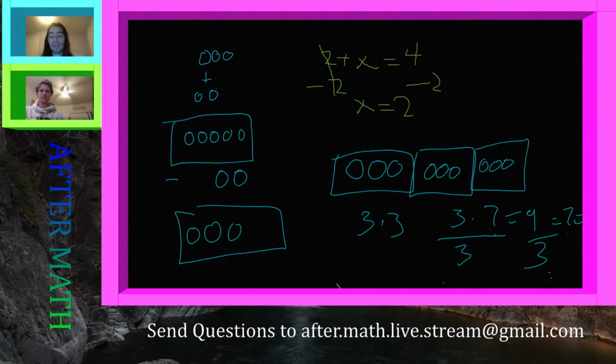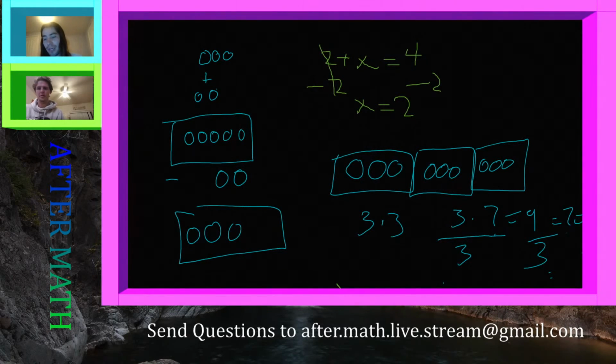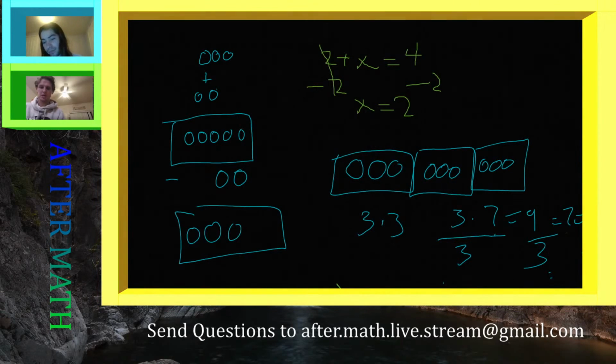We have 3 times something equals 9, and to figure out what that something is, we have to divide by that 3, the inverse, to find it. We're working backwards. We're going back in time, essentially, in a kind of way.